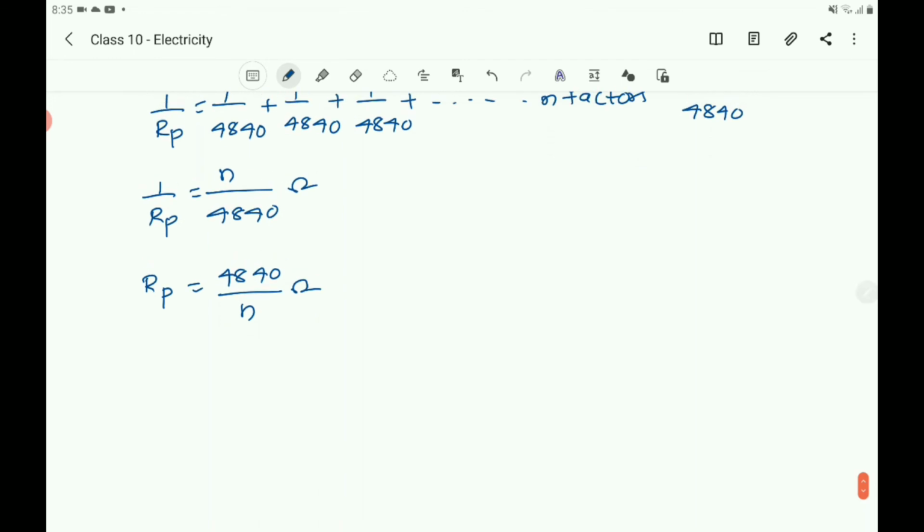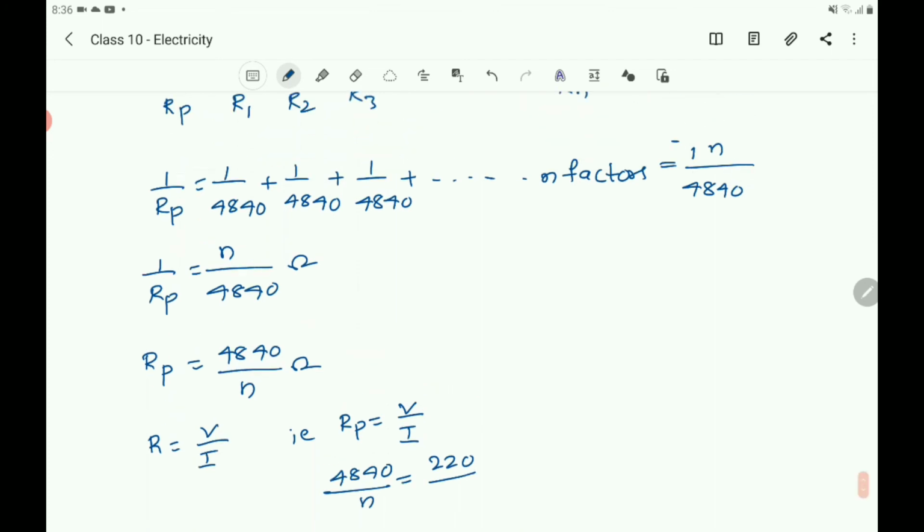Then you write R equals V by I, that is Rp equals V by I. So Rp is 4840 by n equals V is 220, and you know that current is 5 amps.